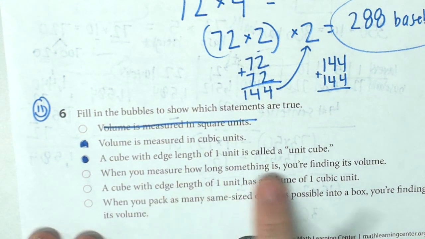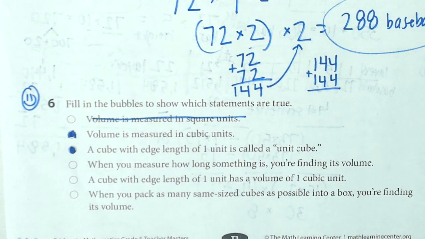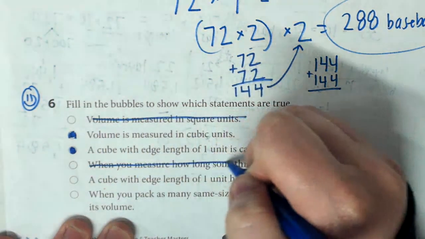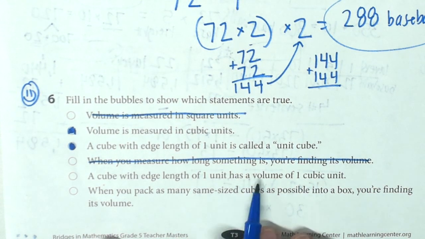When you measure how long something is, you're finding its volume. Is volume finding how long something is? No, it's finding how much you can fill in the inside. A cube with an edge length of 1 unit has a volume of 1 cubic unit.